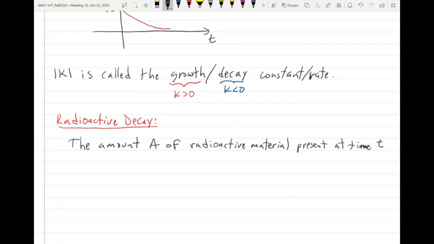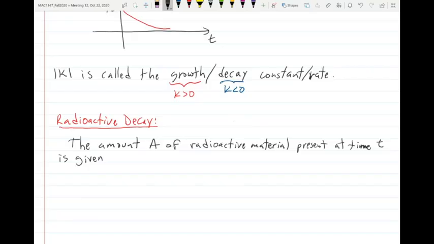Again, it obeys an exponential model. And again, you're going to be able to justify these formulas. Those of you that are going to study differential equations, really with calculus 2, you will be able to figure out these formulas on your own, like see why the models are the way they are. But really, in differential equations is when you're going to come back to these ideas again. So those of you that are going to take a differential equations class, these types of problems are going to come back.